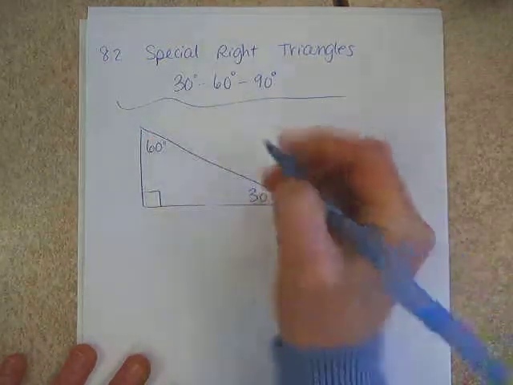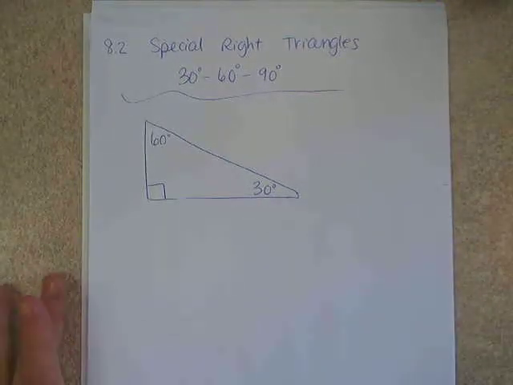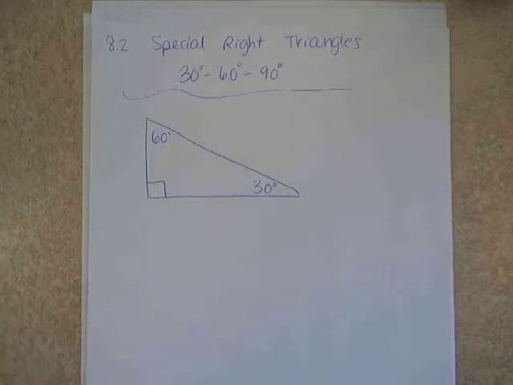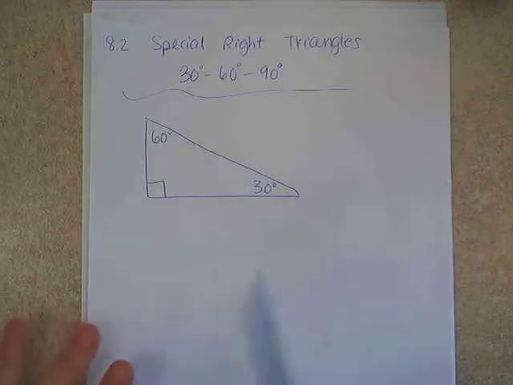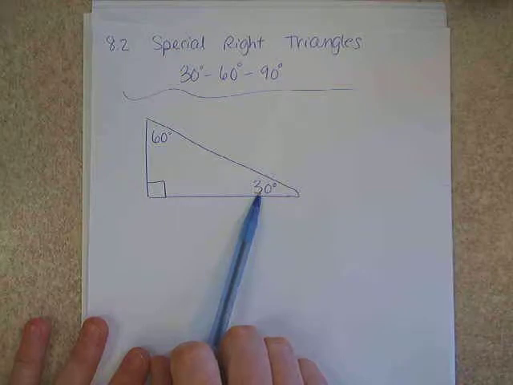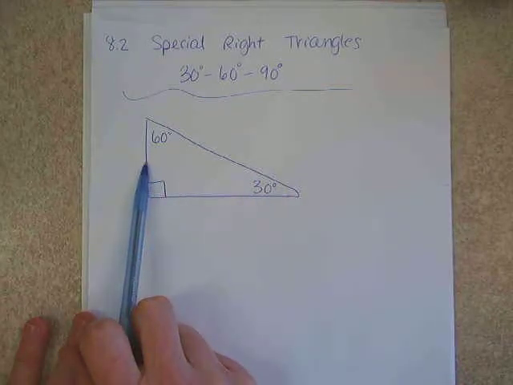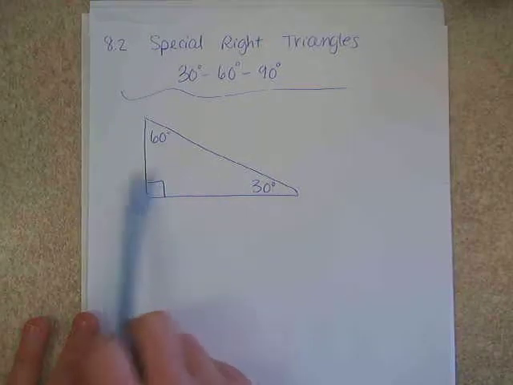And in this case, the other two, if you have a 30 and a 60, we've got a ratio that exists here, just like in the 45, 45, 90s. Now when you're putting the ratio in, you're going to want to find your 30-degree angle, and across from 30 is always going to be the x.